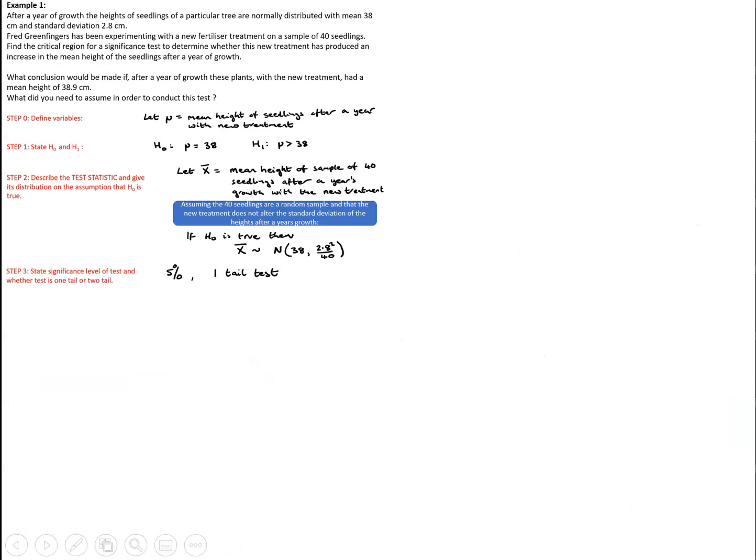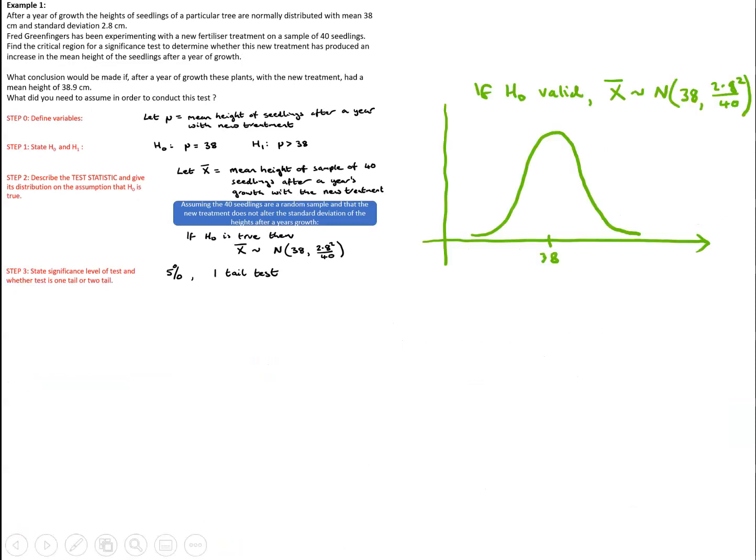So our next step then is to calculate the critical region for the test. Now, remembering that if the null hypothesis is valid, then we're modelling the sample mean by the normal distribution with a mean of 38 and a variance of 2.8 squared over 40.